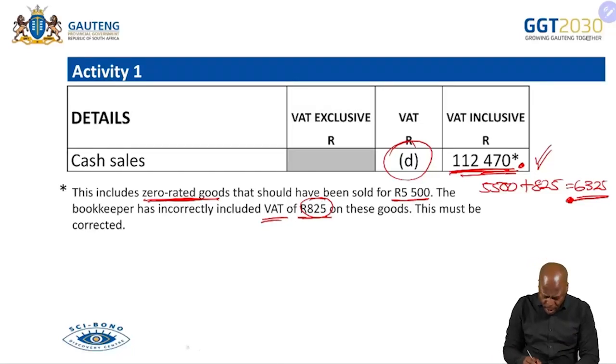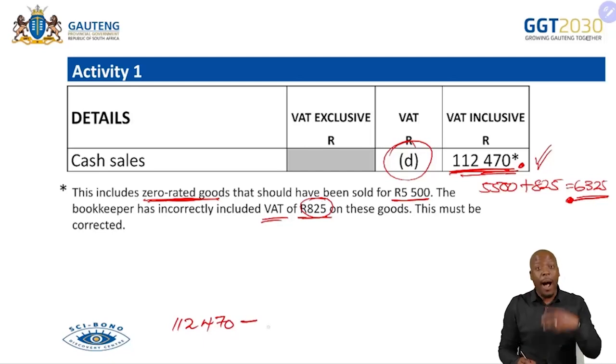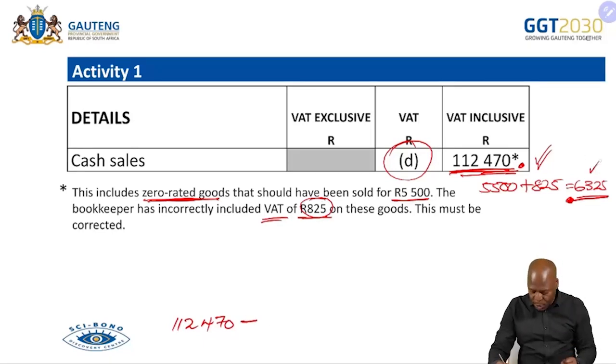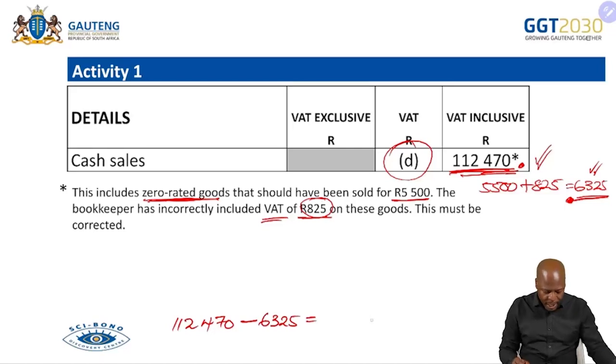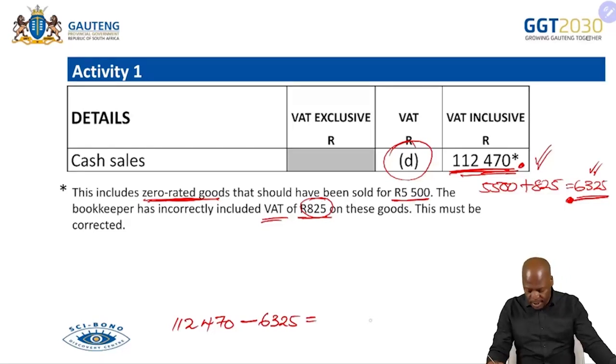What are we given? We're given the inclusive, which is 112,470. What do I take out? These zero rated goods, 6325. Please punch that in your calculator. You are saying 112,470 minus 6,325.